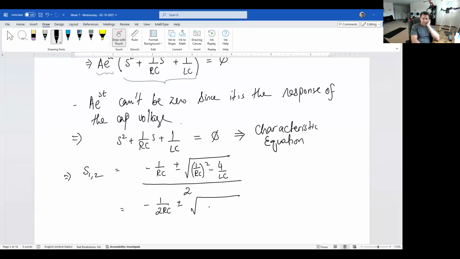So I can write this down as 1 over 2RC squared. And again, if I take this 2 under the square root, it's going to become 4. So this 4 and this 4 will cancel each other, and I will be left with 1 over LC. And this is a very important equation. This is the result of your characteristic equation.